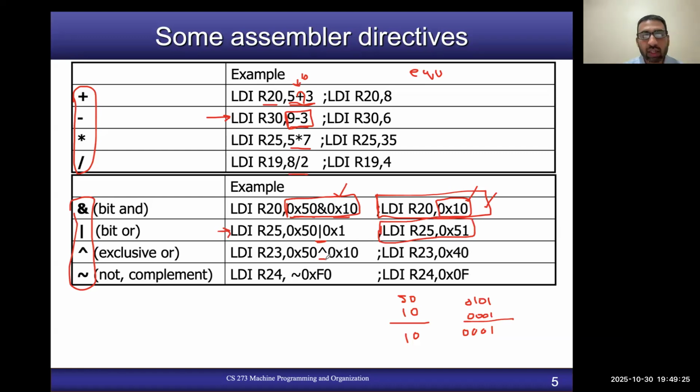And the same goes for exclusive OR and NOT operation. But remember, all of these AND, OR, exclusive OR, and NOT are bitwise operations, which means that the corresponding bits of two operands are ORed or ANDed or exclusive ORed with each other. Any questions here?